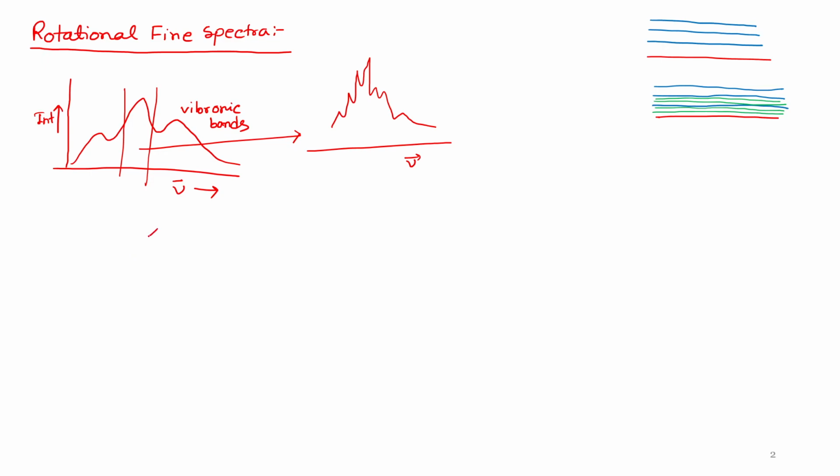So the energy gap delta E, suppose it is nu bar, can be written as nu bar equals nu bar EV, that is your band origin, plus delta, this is your rotational energy, where B is your rotational constant. Why have we taken B inside this delta, where delta means the difference?